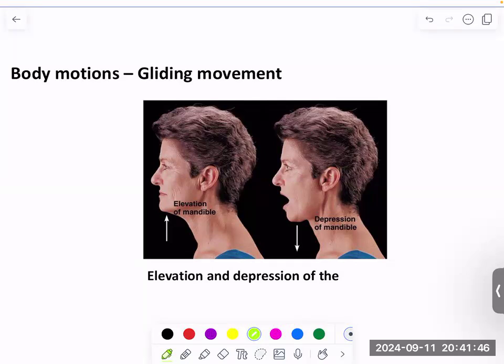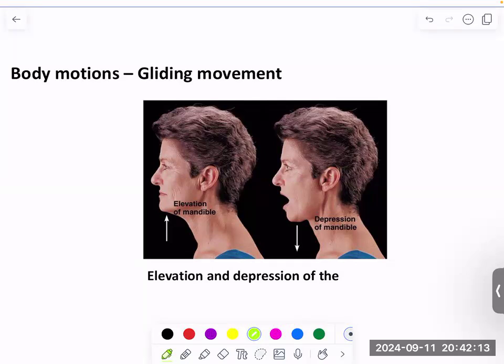For example, the flexor carpi radialis. It flexes the carpal region. So you have muscles that flex the carpal, named because of how they move things.